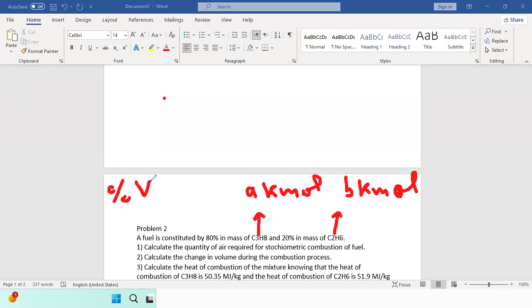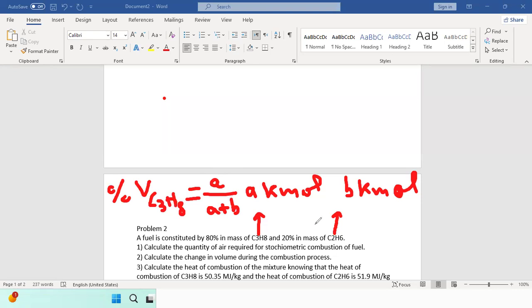of, let's say, C3H8 will be equal to A over the number of kilomole of C3H8 over the total number of kilomole, which is A plus B. And in this way, I find the percentage in volume of C3H8.